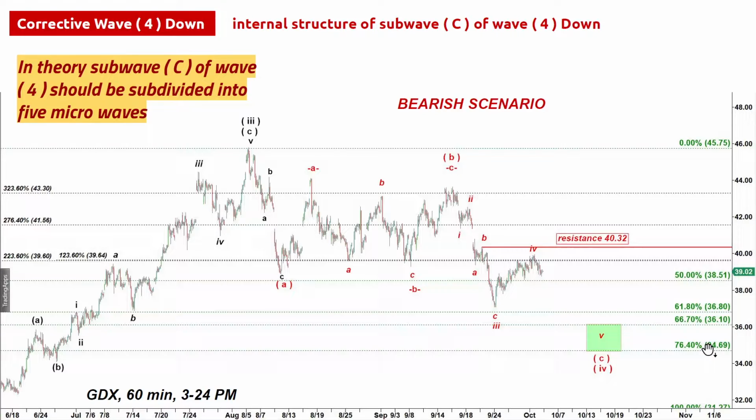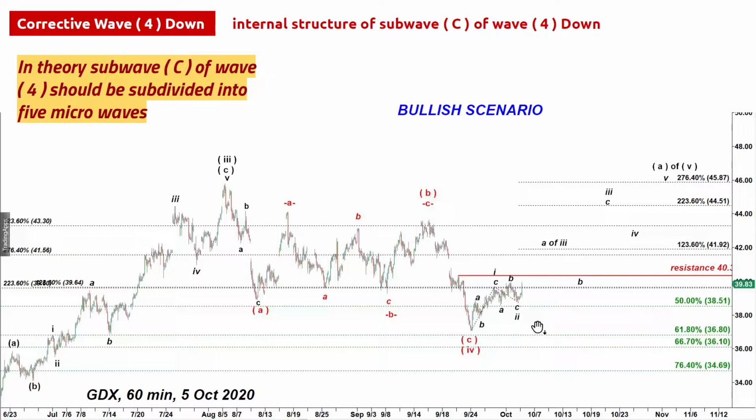That is why I had to consider a scenario where actually it was not wave 3, but it was microwave 5, meaning that the whole ABC down structure was completed. This is the alternative bullish scenario I considered at that point, and I shared it with my subscribers.